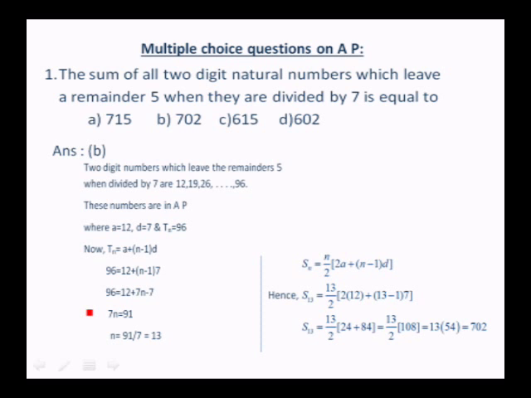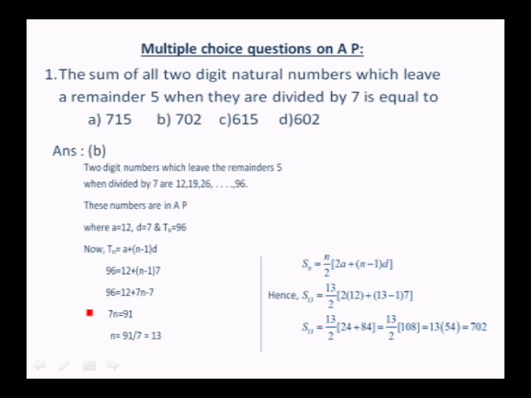First let us try to find out the last term and the value of n. Tn is A plus n minus 1 into D. 96 is equal to 12 plus n minus 1 into 7. So 96 is equal to 12 plus 7n minus 7. From this one you can find out n is 13.